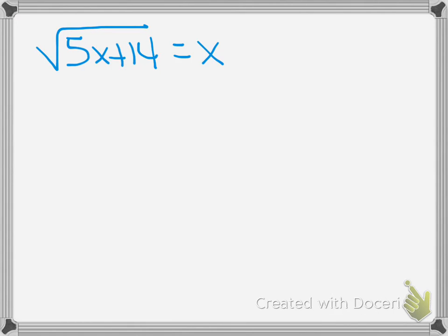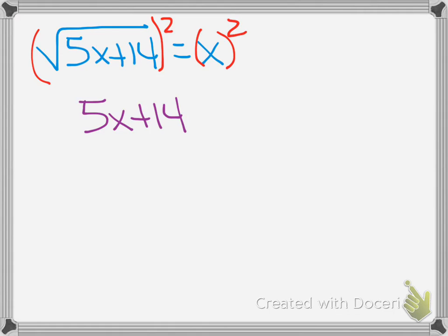So what do we have to raise both sides to? 2 is correct because it's a square root. So when you square a square root, you simply get the radicand. A little simpler over here because there's no FOILing to be done. It's just a single monomial, so it's just x squared.